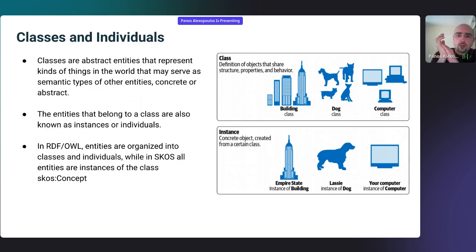We have the class dog, and an instance of it would be a particular dog, like Lassie. And we could have the class computer, and my laptop here would be a particular instance of it. This distinction between classes and individuals is very common in RDF, OWL models and knowledge graphs.